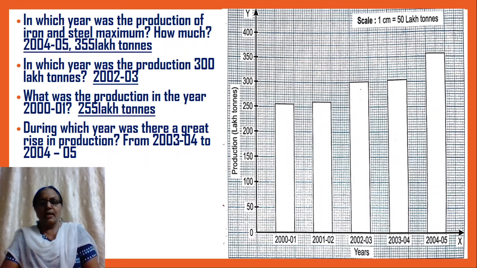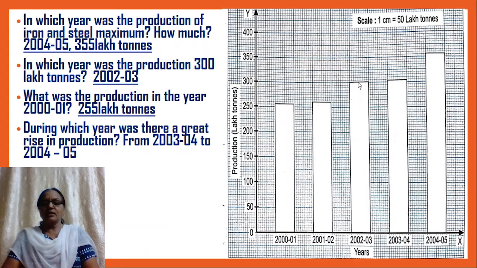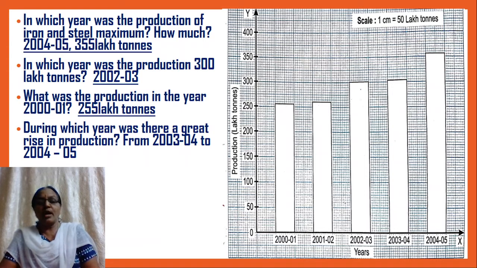The next one. In which year was the production 300 lakh tons? So this is 300. Very simple. Which year is that? This is the year 2002 to 2003. So in the year 2002-2003, the production of iron and steel was 300 lakh tons.